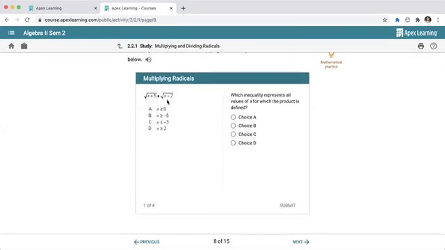And then this says which inequality represents all values of x for which the product is defined. Again, it's what values are acceptable in order to make this a positive value.